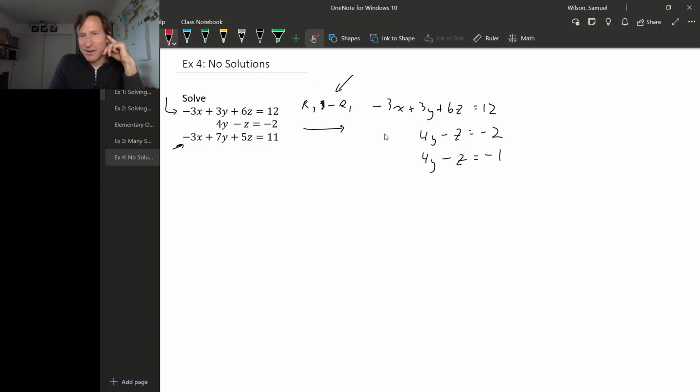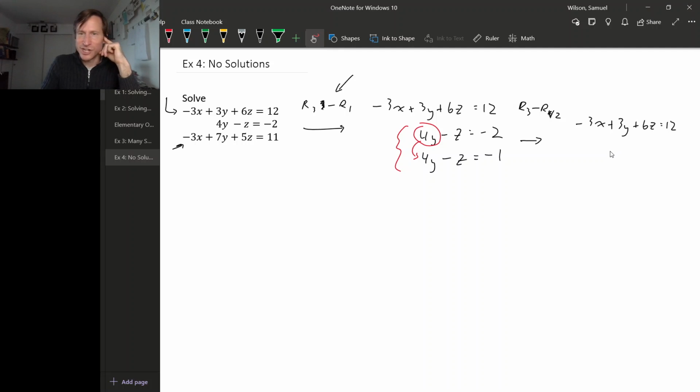So now we have 2 equations left with y's and z's. We can use the second equation to eliminate the y's in the third equation. So we're going to take row 3 and subtract row 2. The first equation doesn't change: minus 3x plus 3y plus 6z equals 12.